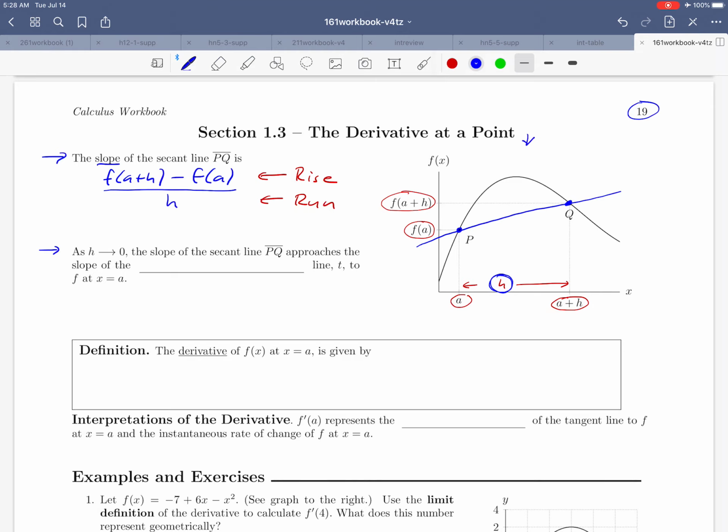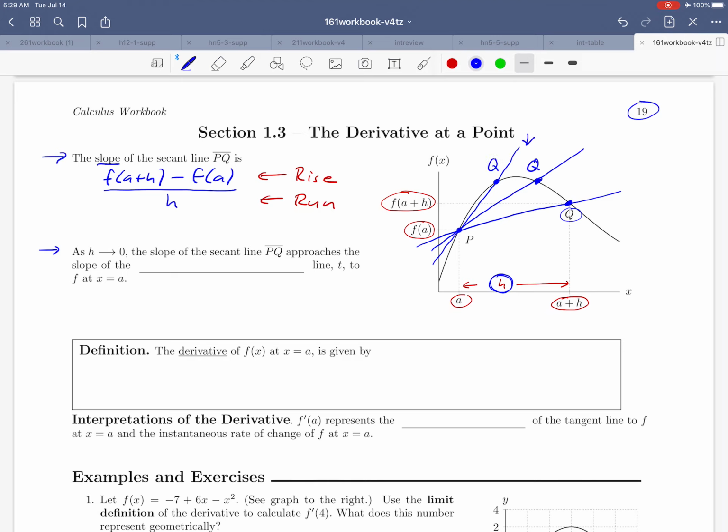In other words, Q is going to move to the left if h gets smaller. So imagine shrinking the value of h a little bit. That's going to move the point Q over, and our secant line is going to look a little bit different. Okay, and if you make h a little bit smaller still, Q is going to get even closer to P, and our secant line is going to change again.